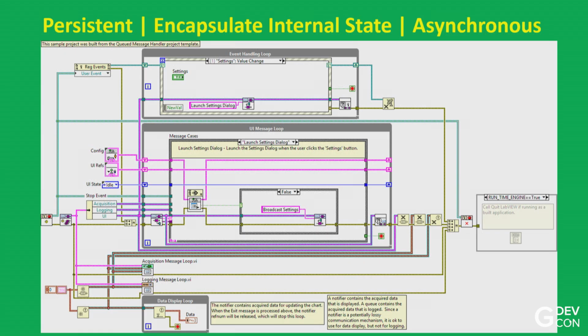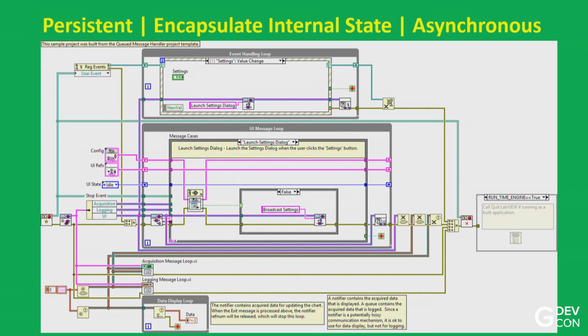Okay, so Fab showed us this a bit earlier. It's the acquisition and logging sample project that comes with LabVIEW. Now we can see here that we have multiple loops or multiple processes.